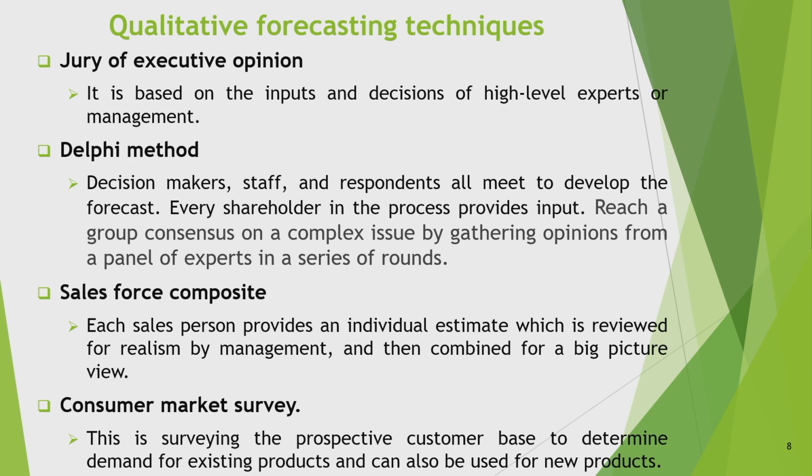There can be various ways or combinations of these ways. One way is jury of executive opinion. It is based on the inputs and decisions of high level experts or management. They may sit together or their decisions may be collected and then somebody can take the decision. These people are highly experienced, so their inputs will be very important.